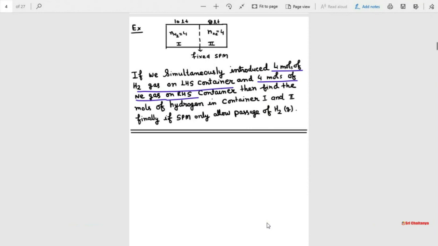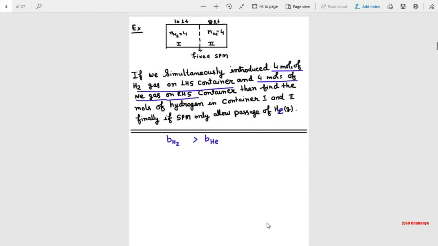Finally, if the semi-permeable membrane allows passage of hydrogen gas, I am converting this into helium gas in place of hydrogen. What is the logic? If you study real gases, you know that the van der Waals constant b for a hydrogen molecule is greater than that for a helium molecule, because b represents the volume of 1 mole of gas molecules.